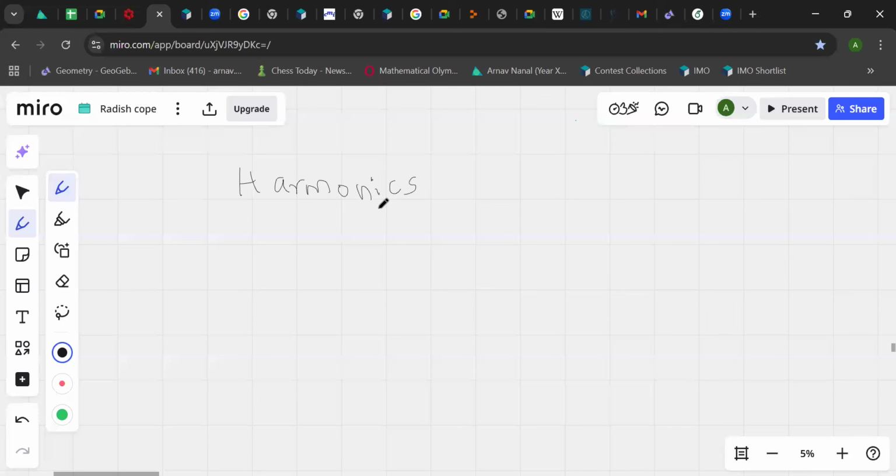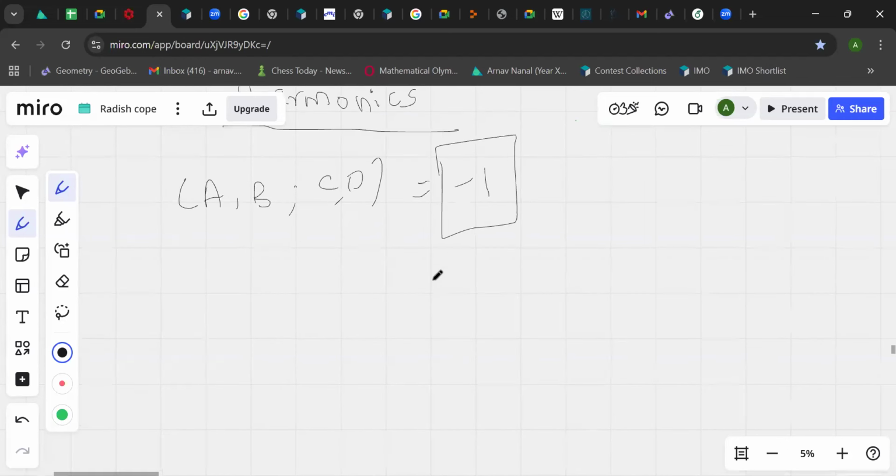What are harmonics? Harmonics is basically when the cross ratio of four things, by this I mean conic, line, pencil, whatever, is -1. Like -1 is very specific.